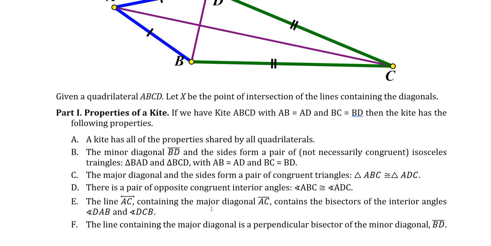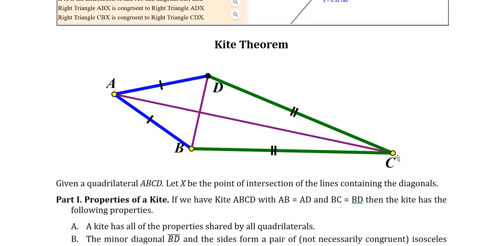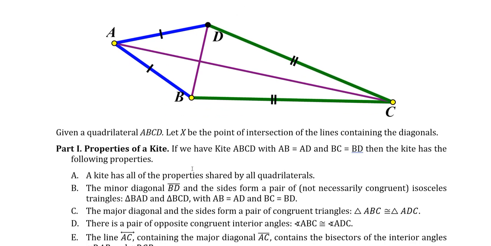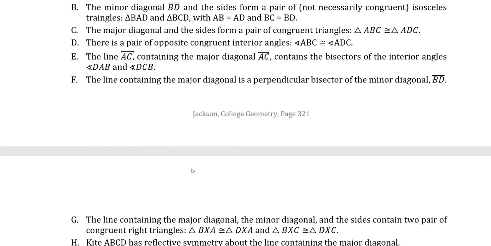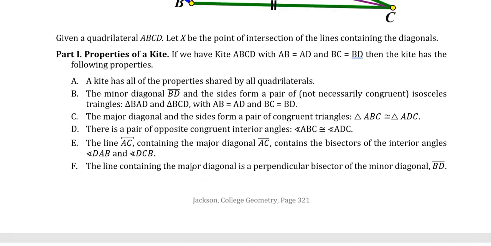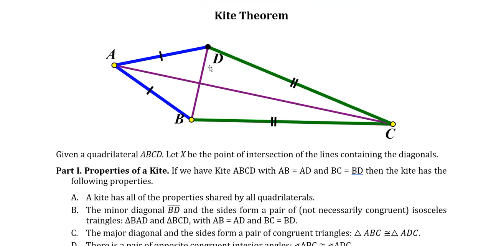Okay, what else do we have? The line containing the major diagonal is a perpendicular bisector of the minor diagonal. So if we take this line through A through C, it's going to intersect the minor diagonal. That point right there is the midpoint, and these are all right angles right there, perpendicular bisector. When we look at these four little triangles formed by the two diagonals and the sides, these two right here, triangle ADX, call that point X, is congruent to triangle ABX, and those are congruent right triangles.